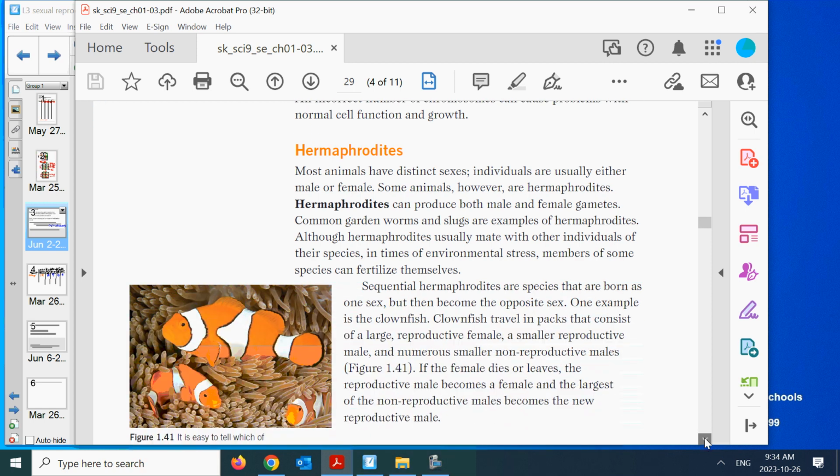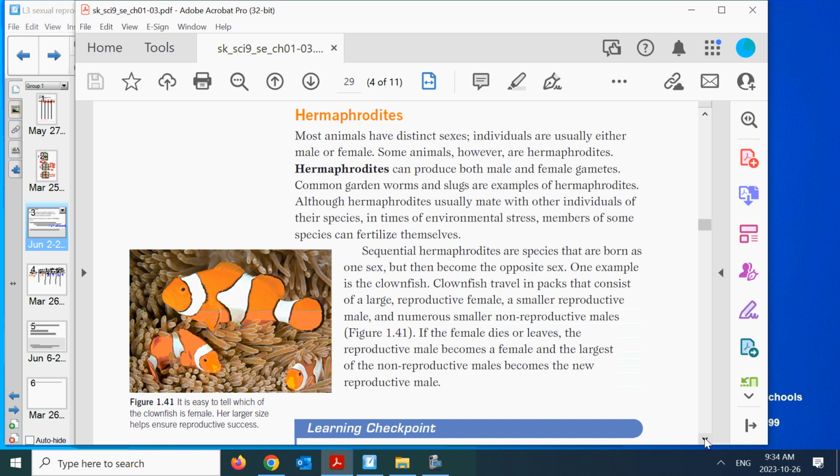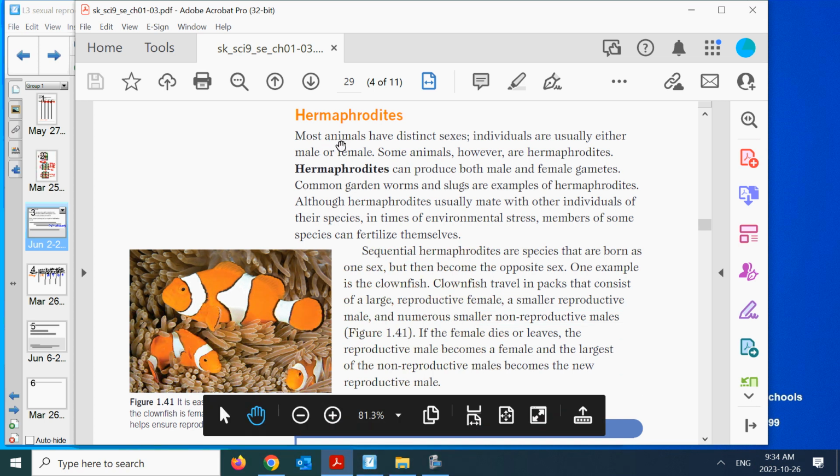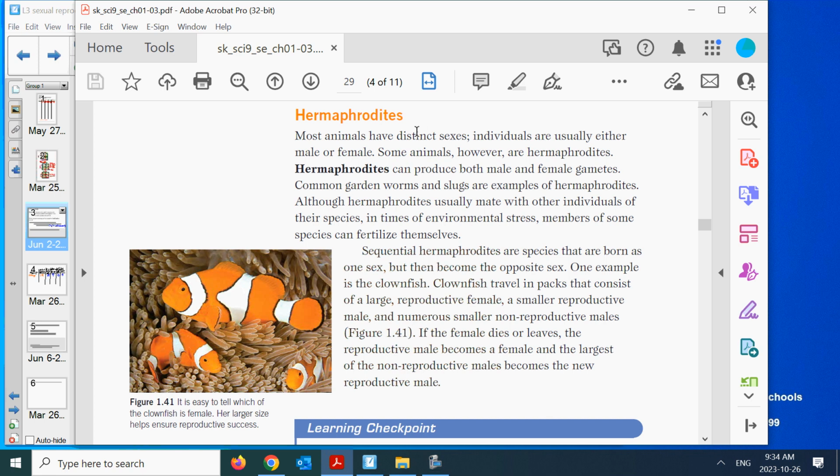Now, hermaphrodites. That's from a Greek legend, I think, or is it the Roman one, Hermaphroditos. Anyways, the name. Most animals have distinct sexes. Individuals are either male or female. Some animals, however, are hermaphrodites.